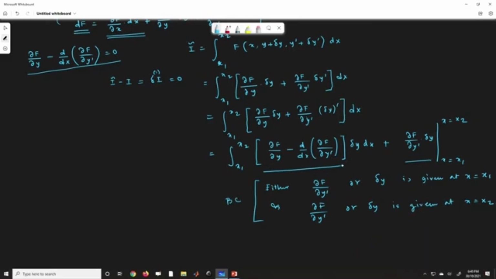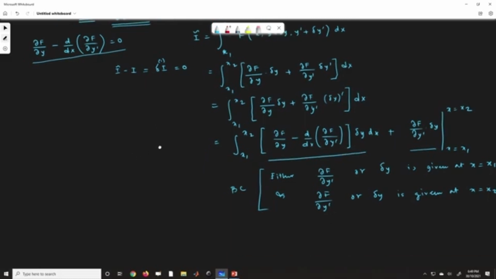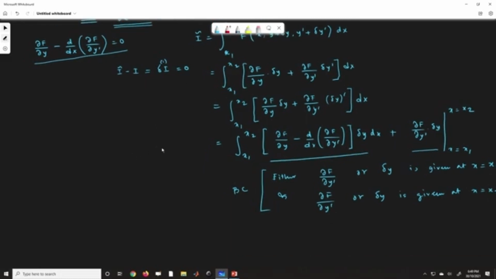So how do I get the Euler-Lagrange equation from here? Because the variation delta y can be arbitrary. So considering the arbitrariness of this variation, I can write that my Euler-Lagrange equation is ∂f/∂y minus d/dx of ∂f/∂y prime equals 0 for all arbitrary variations, but the arbitrary variation has to be admissible.